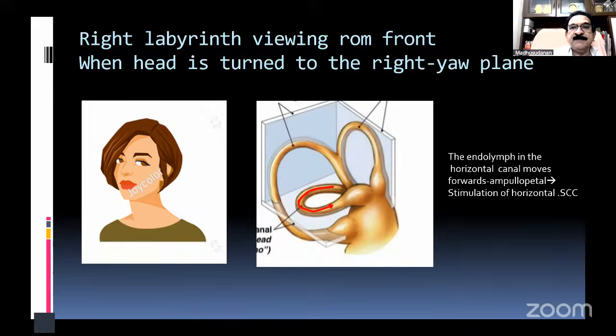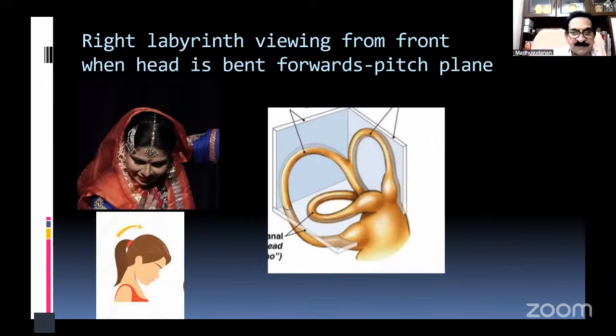Now let us see the pitch plane, going forward like that. That is the plane in which the anterior canal is stimulated. So what will happen? When the head is moving forward, the fluid will go backward. So the fluid in the anterior canal goes backward. As told before, in the superior, anterior and posterior canals, the stimulation is fluid going away from the ampulla.